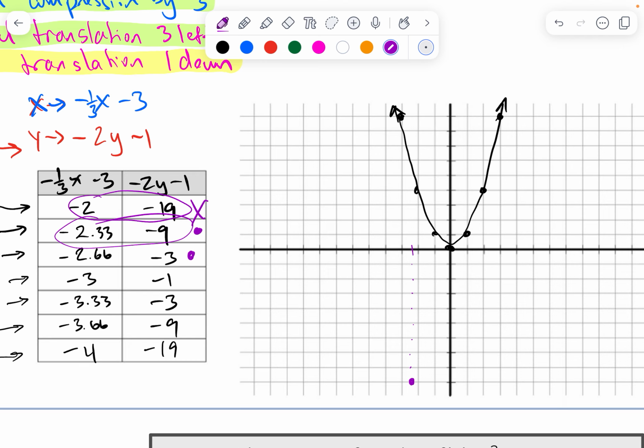So -2 2/3 is here, and then -3 is here. (-3, -1), that's -3, -1. -3 1/3 and -3. And then -3 2/3 and -9. And then the -19 again, I can't really plot.